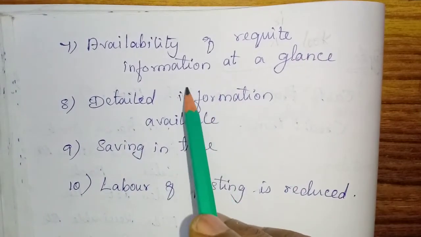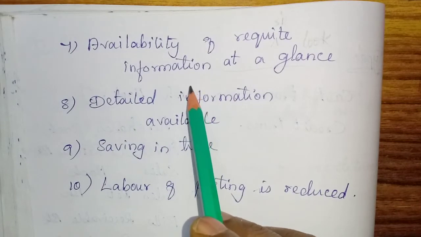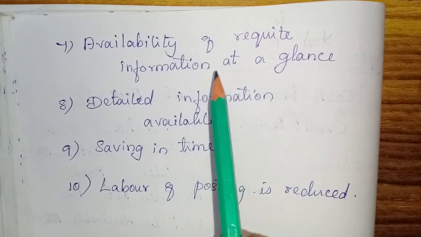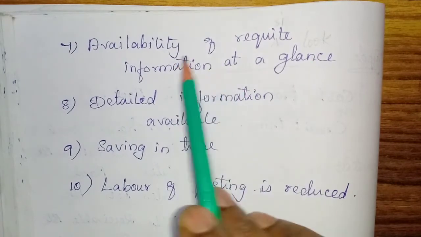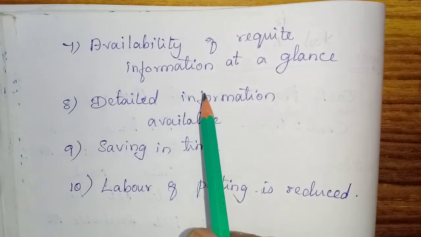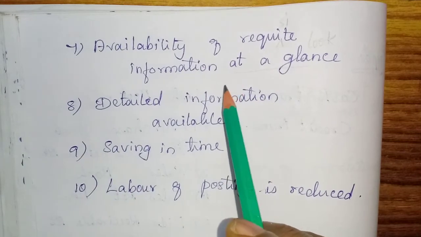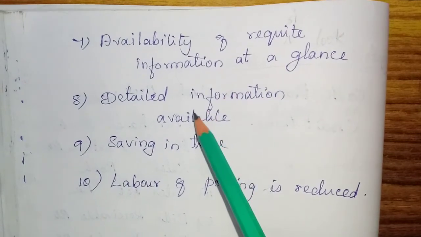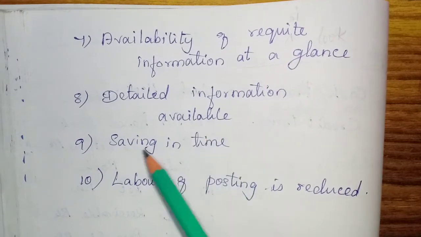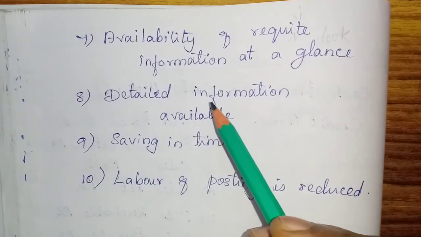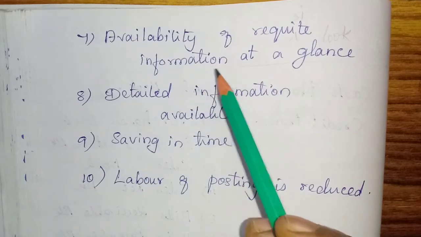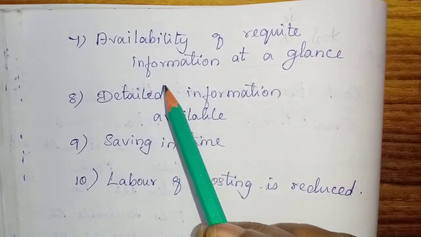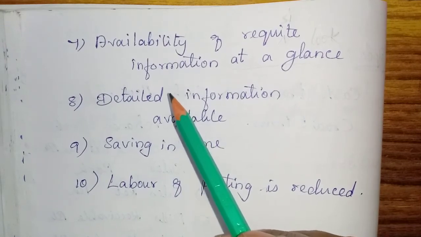For example, the credit sales of this month or this day can be seen by looking once into the sales book. How much is today's sale? Or how much cash we have received, how much cash we have paid, can be found from the cash book at a glance.